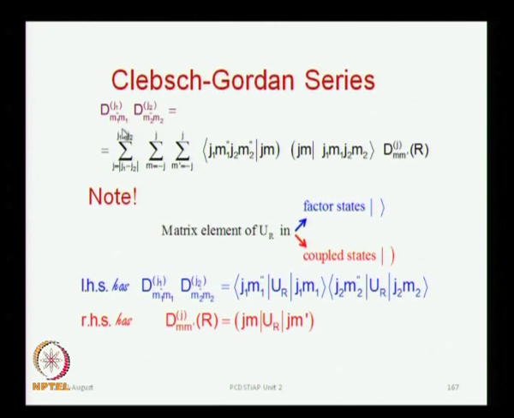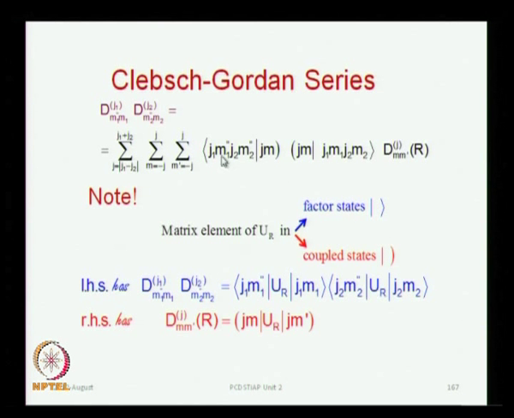This is the matrix element of the rotation operator in the J1 M1 eigenbasis of J1, and this is in the eigenbasis of J2. So, on the left hand side you have the matrix elements of the rotation operator in the factor states.